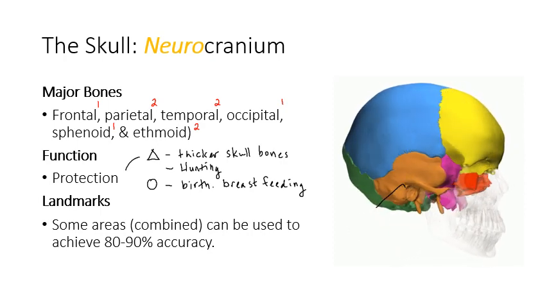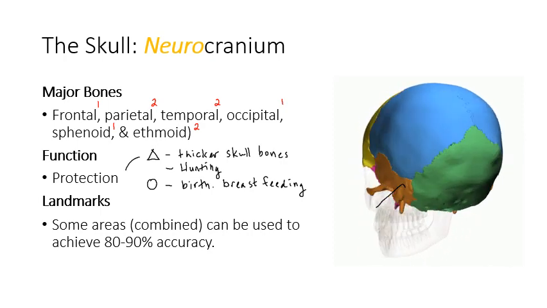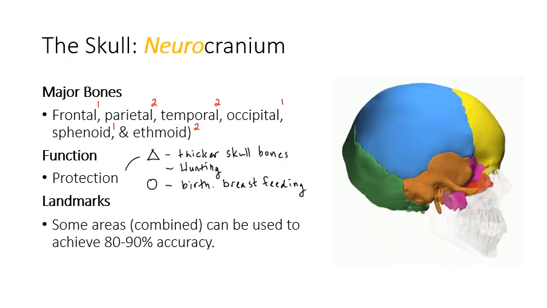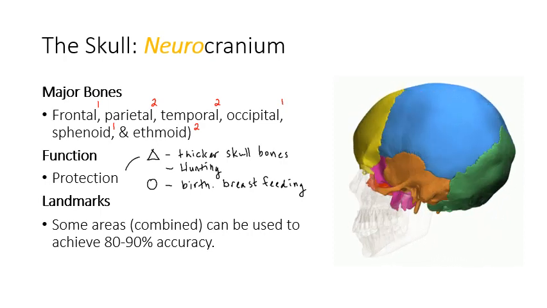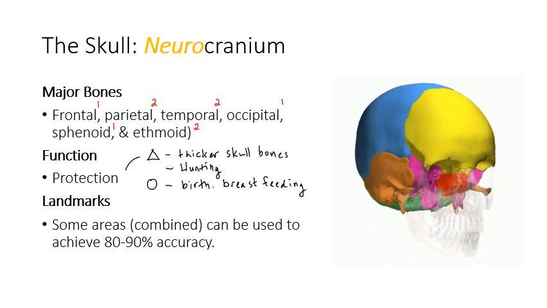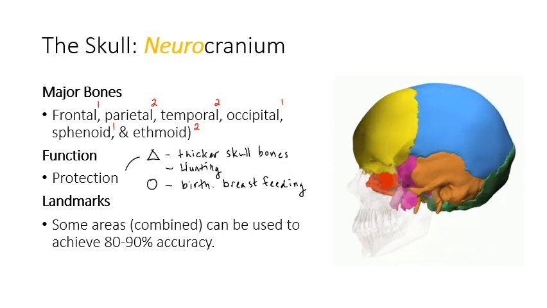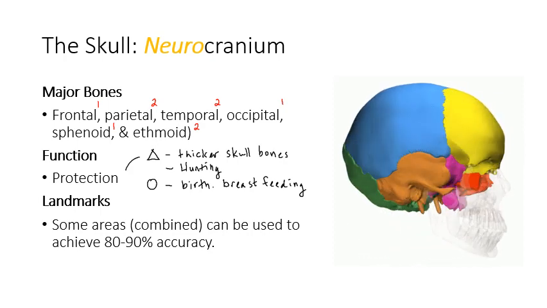The mastoid process, for example, provides us with insight into whether or not an individual is male or female. It's used to estimate because males tend to have larger mastoid process, and here I'm using the word tend because there's always a scale that we estimate on. There's always variation, but males tend to have a larger mastoid process.